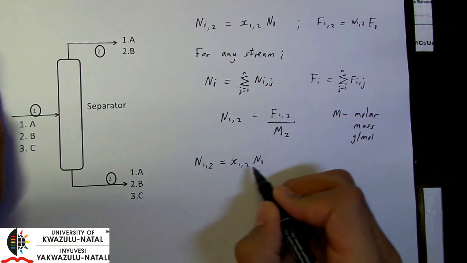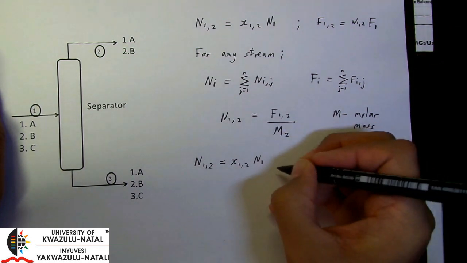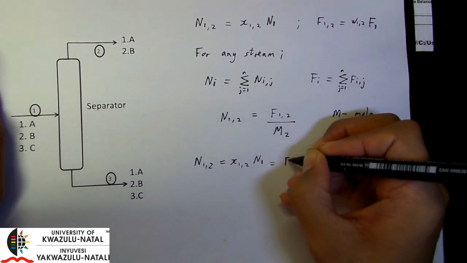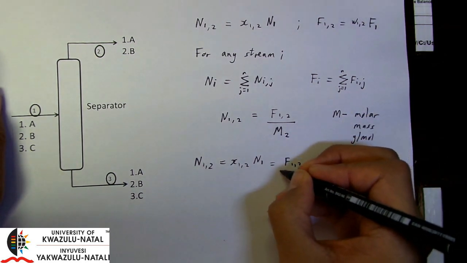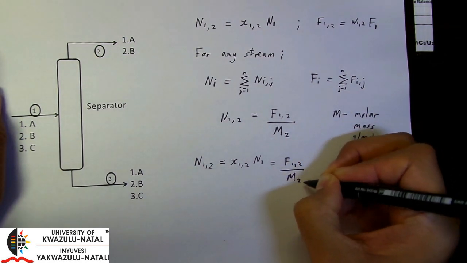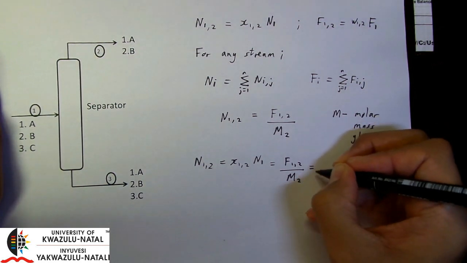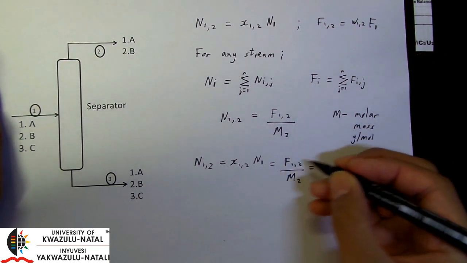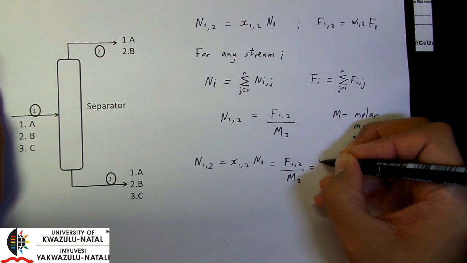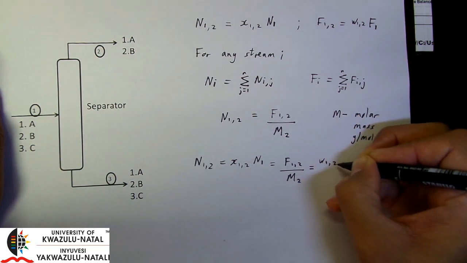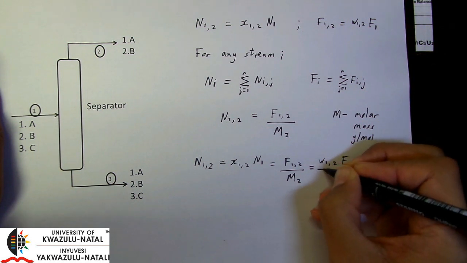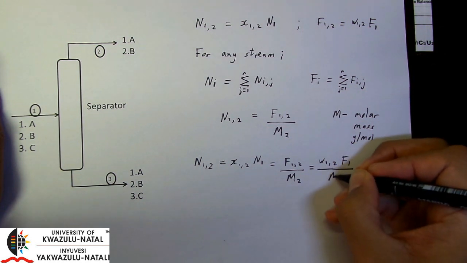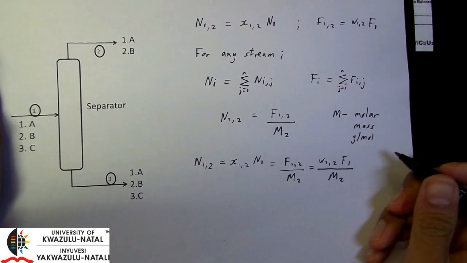So N12 is equal to X12 times N1, and that is equal to F12 over M2, or we can re-express F12 in terms of the mass fraction over M2.